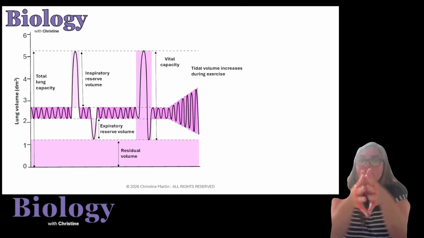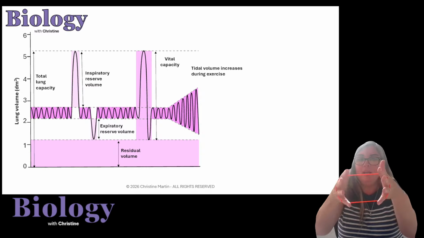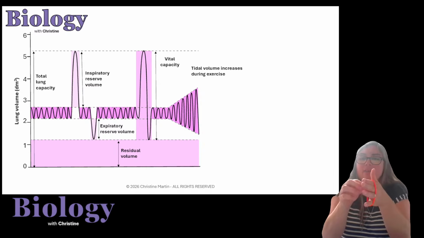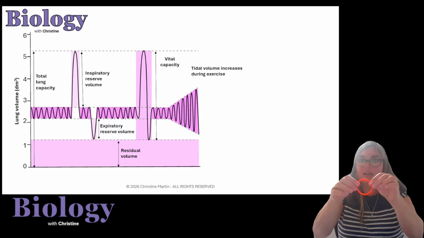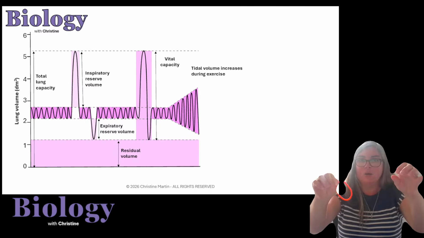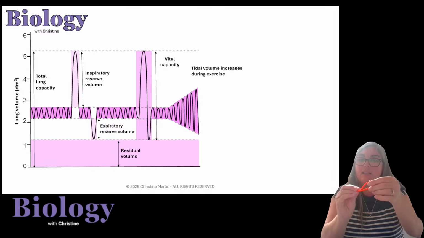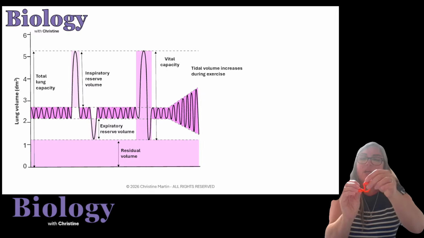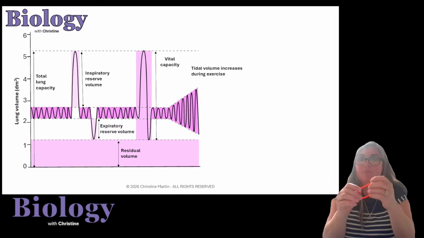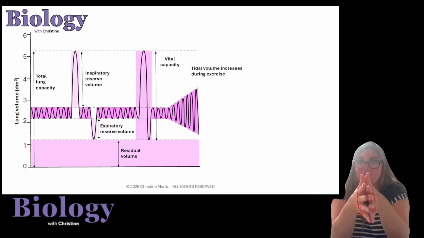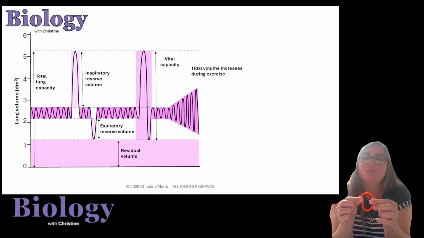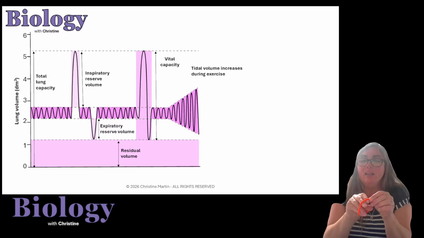If I stretch it and let go, it's going to recoil back into its original position. As I recoil it, it may end up coming back and twisting, but that's where you've got the surfactant. So it can stretch and recoil back to that original position.